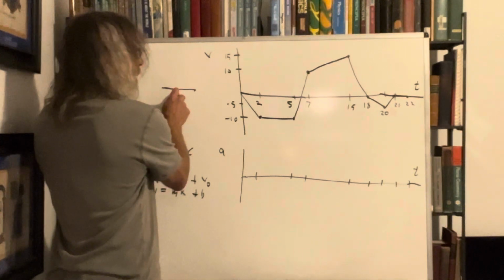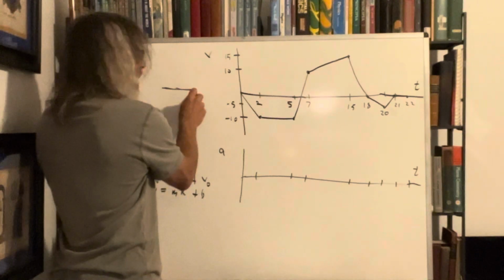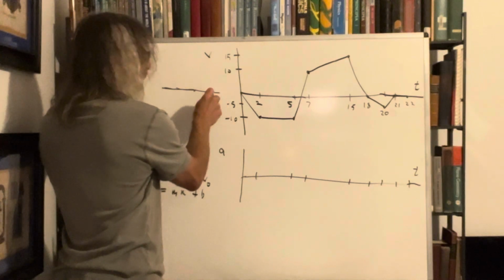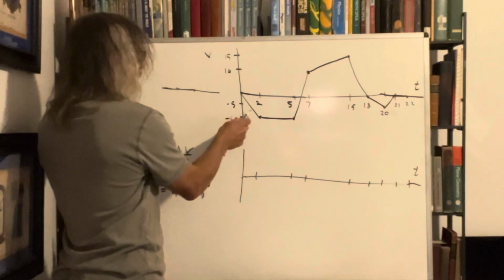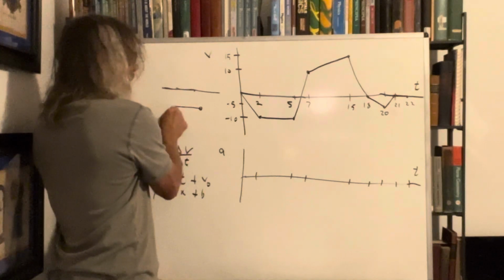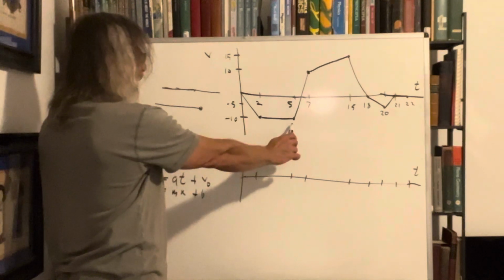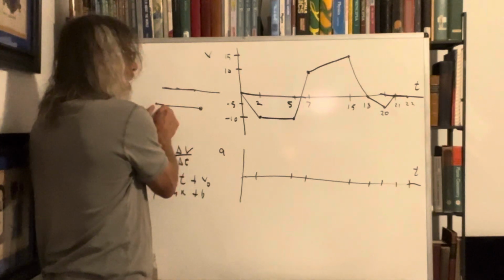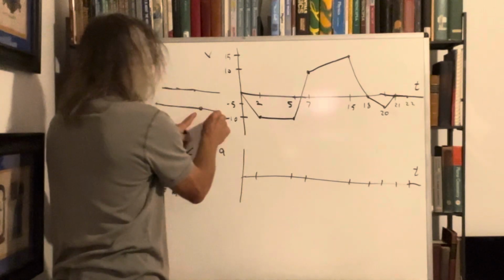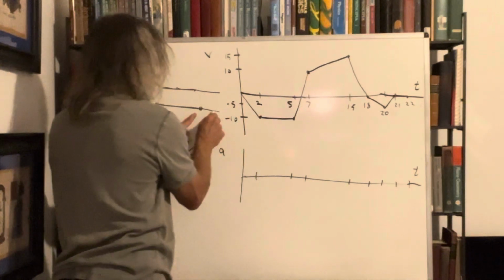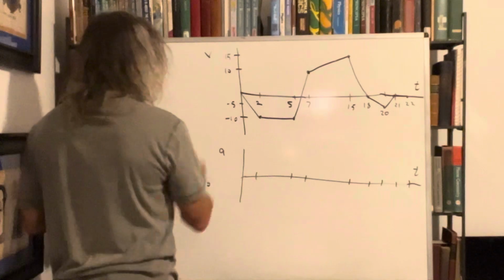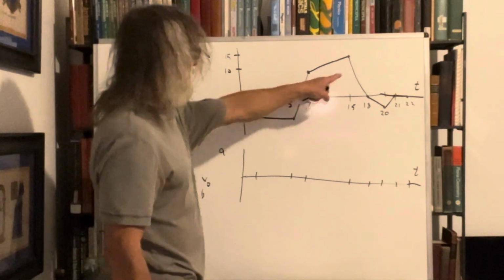And then somewhere in here it gets back to its starting point and then goes away more and then comes back a little bit and stops. Something like that. So the velocity is moving away faster and faster, then it still moves away, still going to the left, then it starts going to the right, and then eventually it'll get where it was, but it's still going to the right, and then it goes to the left. Okay, that's how it's moving. So left, right, right, left.